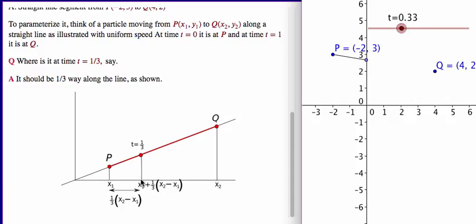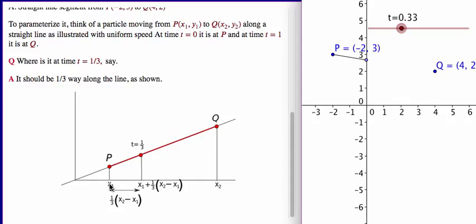So all I have to do is figure out what the x-coordinate is of that point, which is 1/3 of the way from x1 to x2. Now, the total distance from x1 to x2 is the difference. It's just x2 minus x1, right? And so 1/3 of that distance would be 1/3 of x2 minus x1. That's the length of this little segment over here.